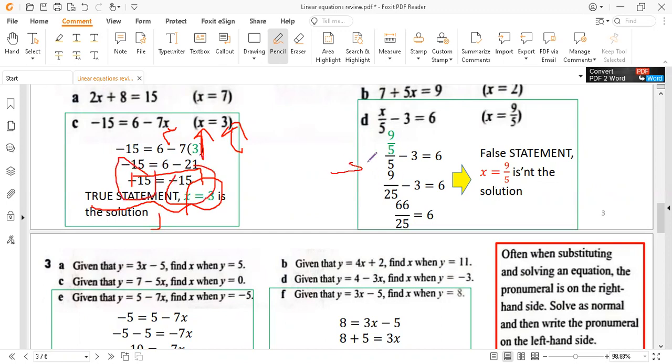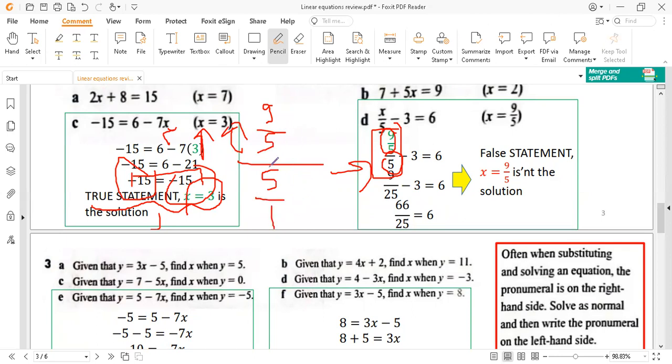In the second example, we replace x by 9/5, and we can calculate it using the calculator, or we can say that 9/5 is divided by 5, like dividing two different fractions.